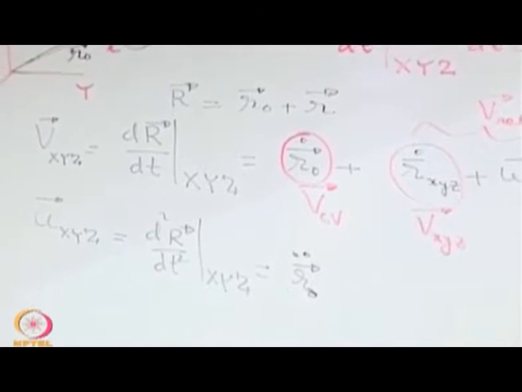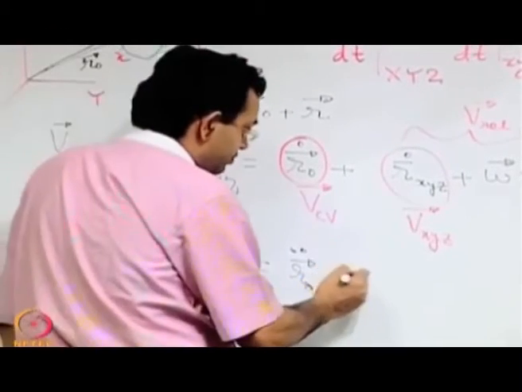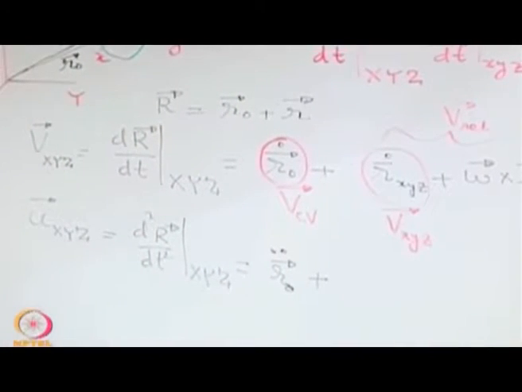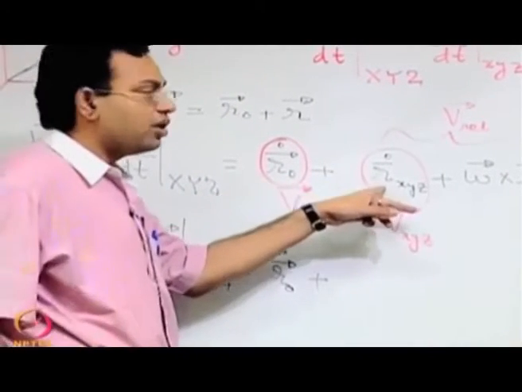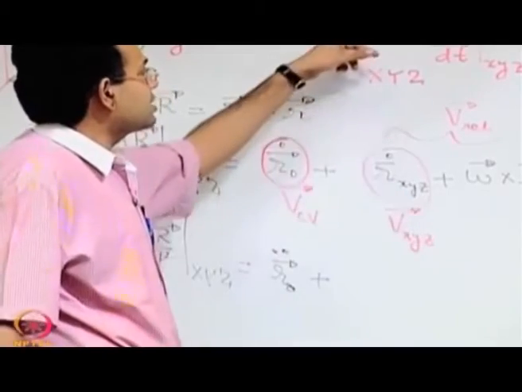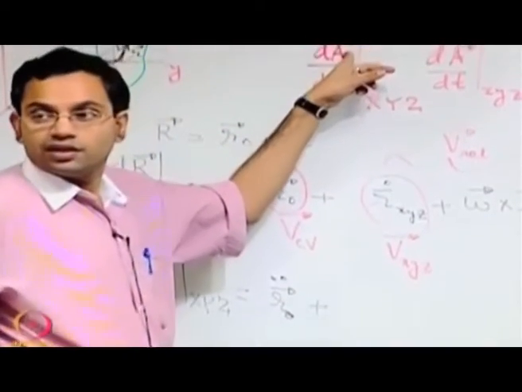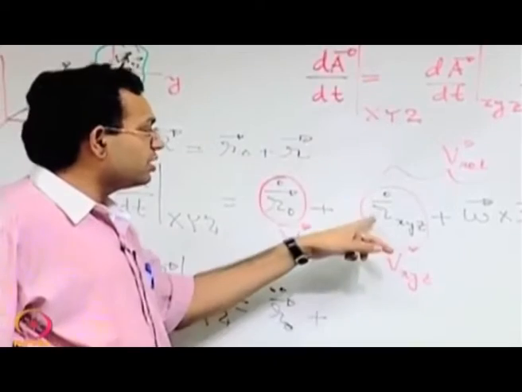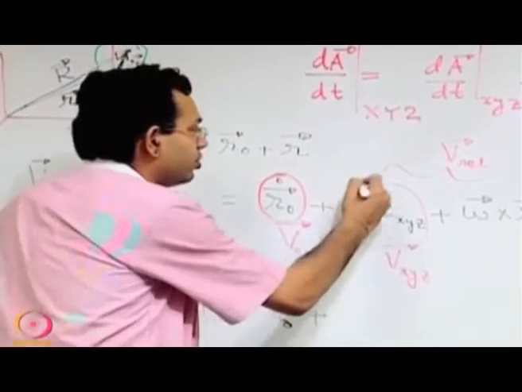Next, r dot small xyz, just substitute that with A in this expression. So, the d/dt of this one is what we are looking for.